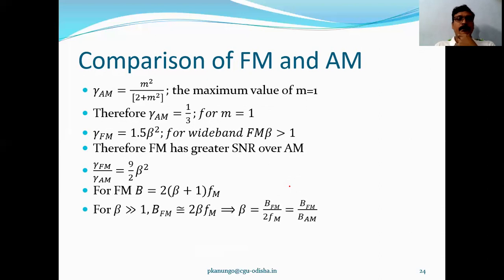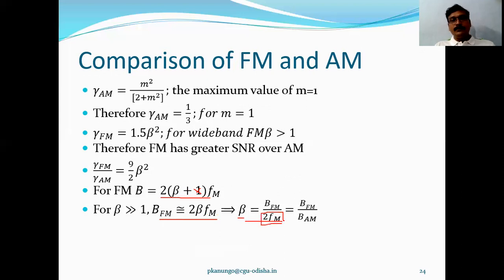For FM, bandwidth is equal to 2 times (beta plus 1) fm. So it will replace this term beta. For beta greater than 1, naturally we go for the nominal bandwidth, not Carson's bandwidth. If beta is very large compared to 1, then we can neglect this 1, so the bandwidth of FM is 2 beta fm. And beta is equal to BFM by 2fm.